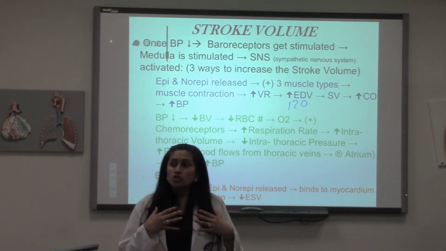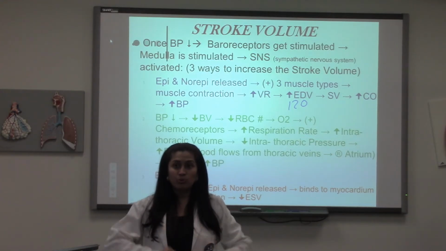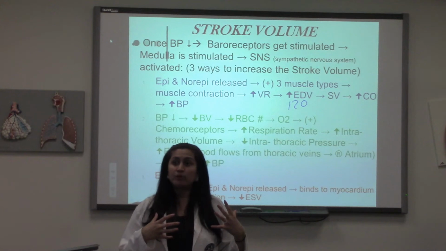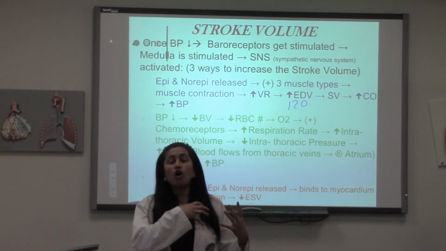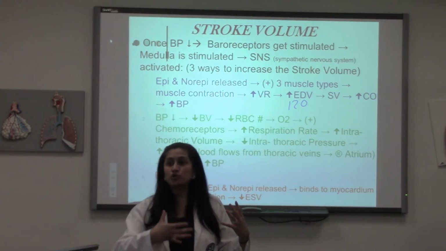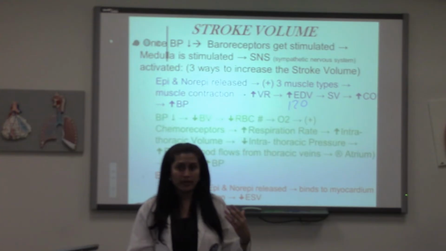Okay? So when you breathe, it creates a negative pressure because the diaphragm pulls your lungs down, and respiratory muscles pull it outward, causing a negative pressure. And that negative pressure causes all of your thoracic veins, the veins to the lungs as well as the veins to your heart, all of them to drain blood inside those organs. Okay.